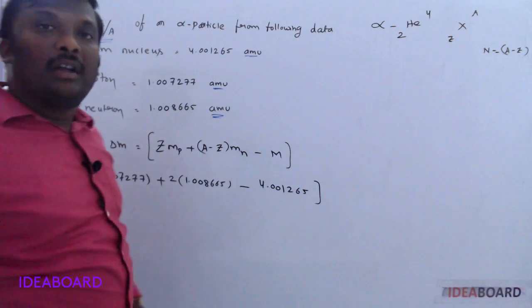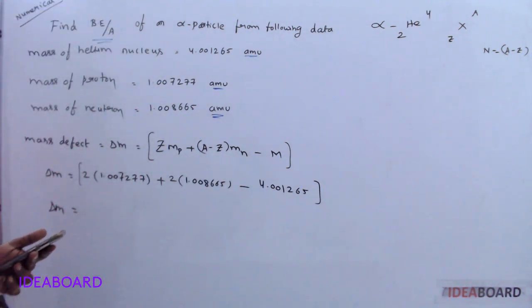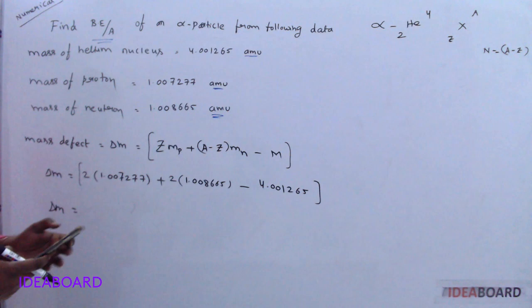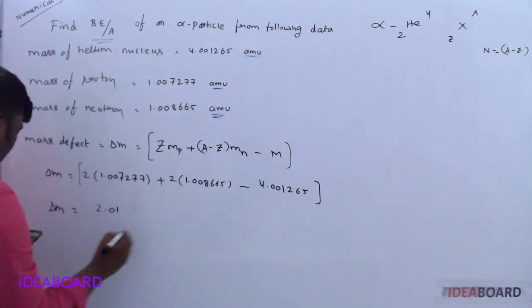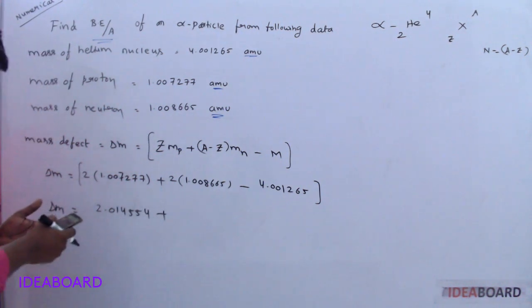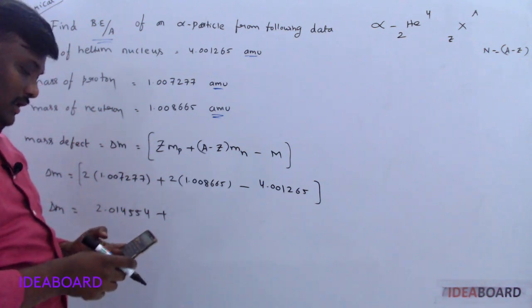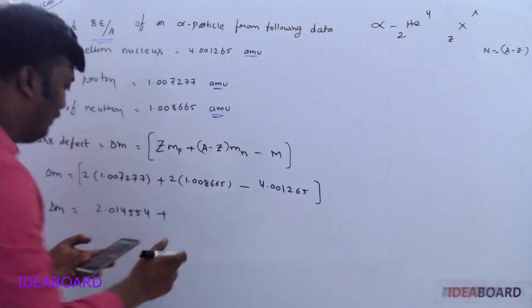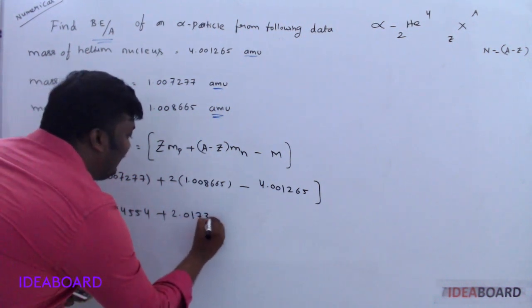Multiply these and we can get the mass defect. For this I am using the calculator because the values are very small. So 2 into 1.007277 is 2.014554, plus 2 into 1.008665 is 2.01733.